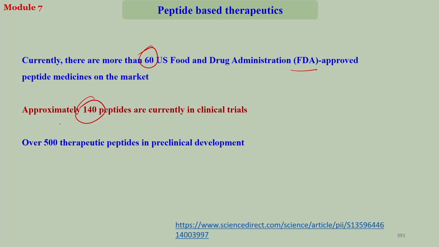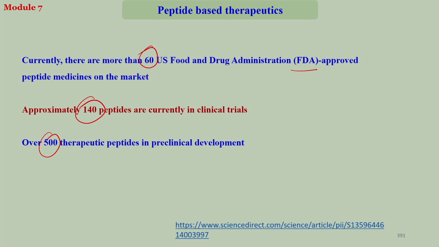Approximately 140 peptides are currently in clinical trials, and more than 500 peptides are in preclinical development. That means they have shown efficacy, they have shown activity, but they are not yet in the last stages of clinical trial. They are at the beginning of their clinical trial.